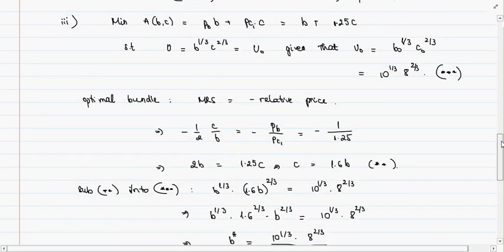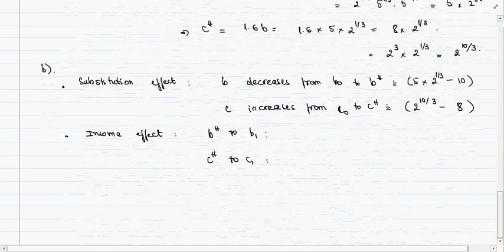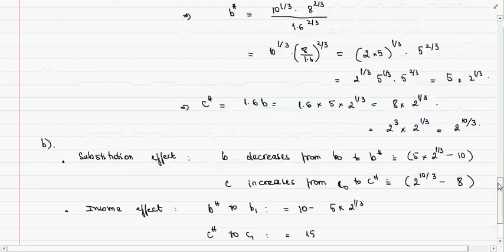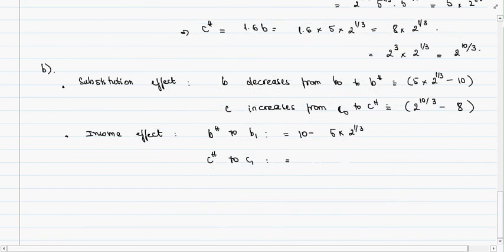So B1 is still equal to 10, minus 5 times 2^(1/3), and so that should be positive. And for the income effect from CH to C1, C1 is 16. So the new consumption of C is 16, and the Hicksian demand was 2^(10/3). Okay, and this should be positive as well. So both of these are positive, indicating that the income effect is positive for both of these goods.